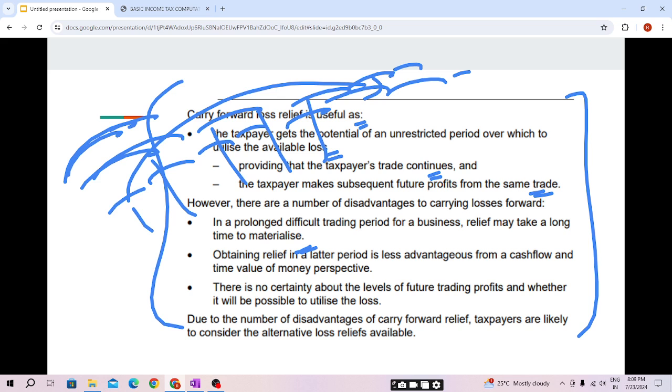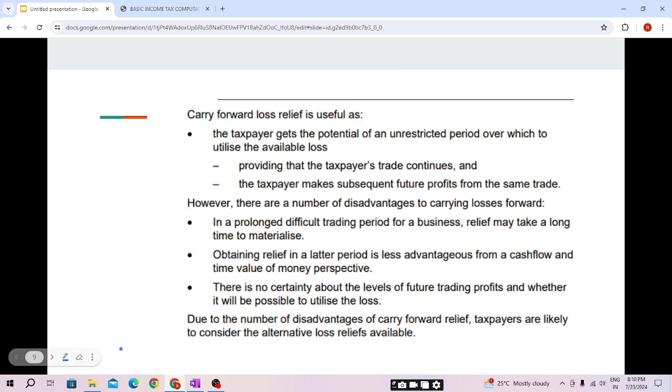It will be too much time. Obtaining relief in a later period is less advantageous from a cash flow and time value of money perspective, that is the present value of the money. There is no certainty about the level of future trading profits and whether it will be possible to utilize the loss, whether the business will generate profit or not.